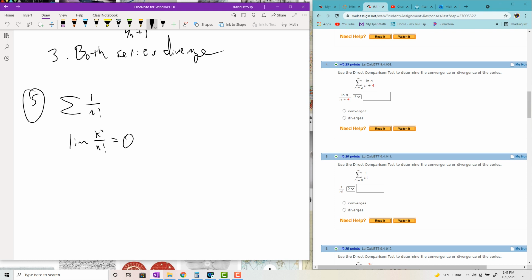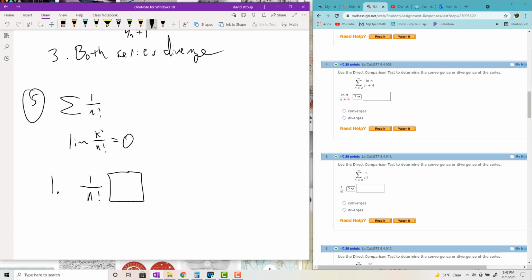Okay, so when you go to make your comparison in that first kind of step I want you to do, you'll have 1 all over n factorial, and you'll think, well, hey, this probably converges because that denominator is getting so big so quickly. So you're going to try bounded above by a convergent series.